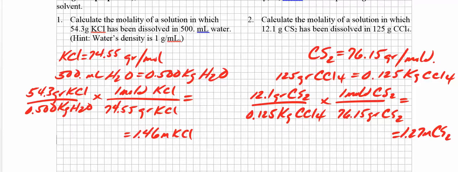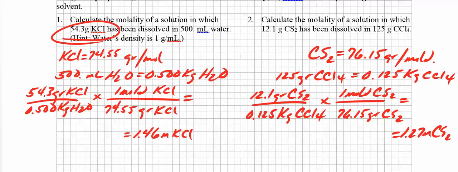So let's calculate. We're going to start with the 54.3 grams of potassium chloride that we've been given, and convert that into moles. So we're going to say 54.3 grams of potassium chloride times 1 mole of potassium chloride per 74.55 grams of potassium chloride. So that was the calculation that we did previously.